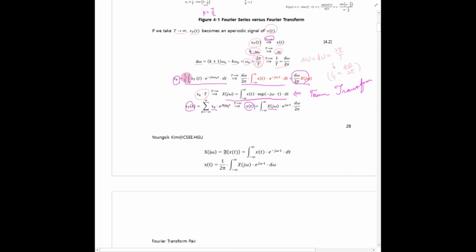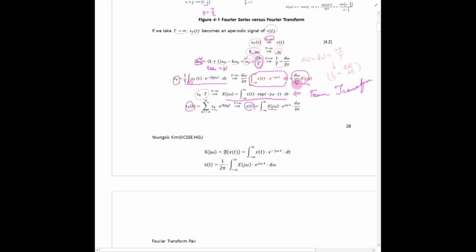You know that 1 over T is d omega over 2 pi, and as T goes to infinity, the integration range should be infinity, and this becomes the non-periodic x(t), and n omega 0 times n is replaced by omega, so omega is a continuous variable. As T goes to infinity, delta omega goes to 0, so omega is a continuous number, and dt is given here.